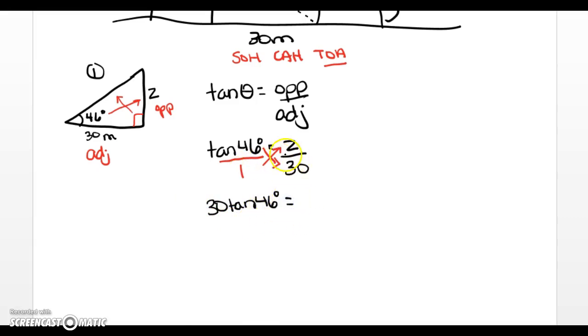And that's equal to 1 times Z, which is just Z. At this point, you can put this into your calculator, and what we should find is that we would get a side, or a height, of 31.07 meters for that Z value.